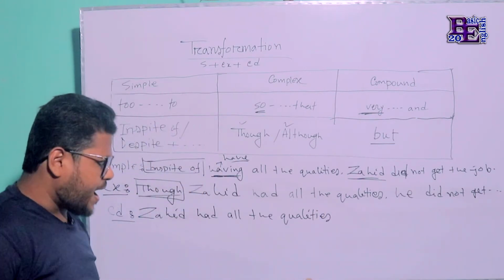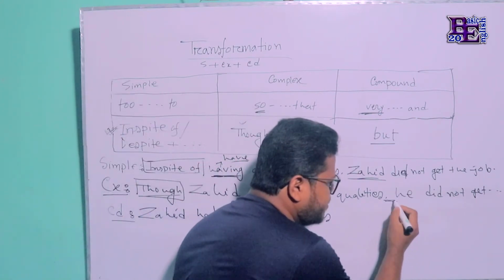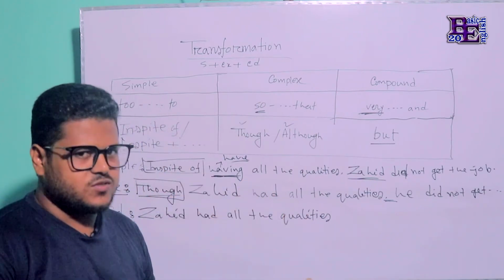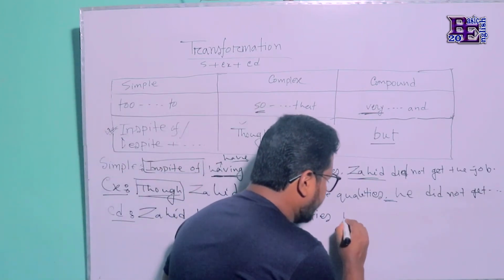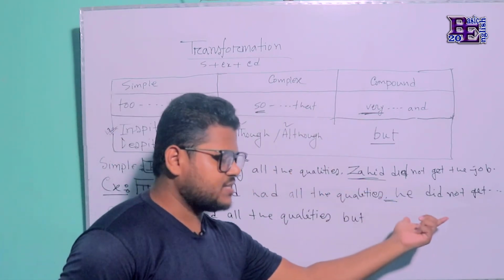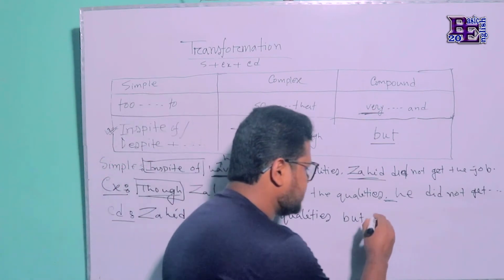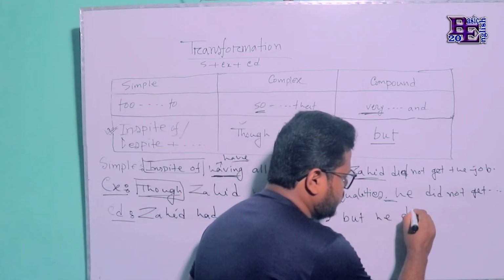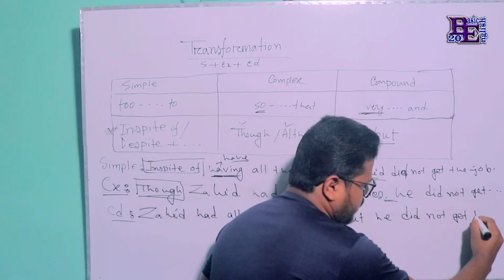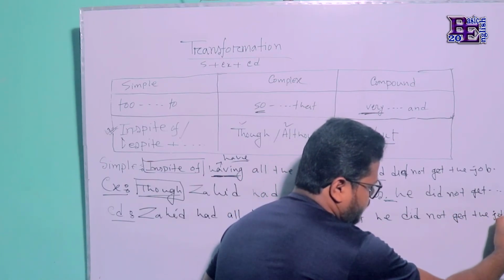Okay, and here the comma will be removed, and in between the two sentences we have to use a conjunction like but, nothing else. Okay, but, and the next part will be used here, that is, he did not get the job.